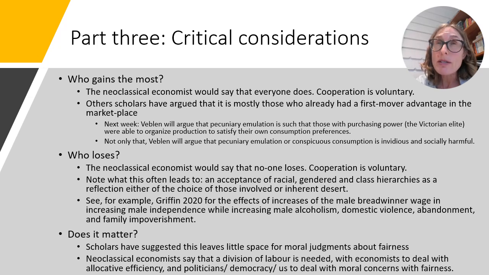Who gains the most from a theory that advocates in favour of free markets and that understands economic behaviour as an outcome of rational choices subject to budget constraints of time and income? Well, the neoclassical economists would say that everyone does. Cooperation in a market to buy and sell is voluntary and it serves mutual interest.